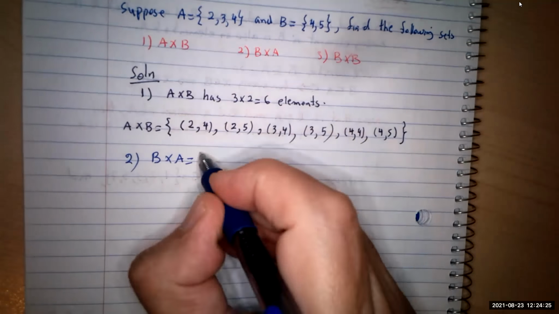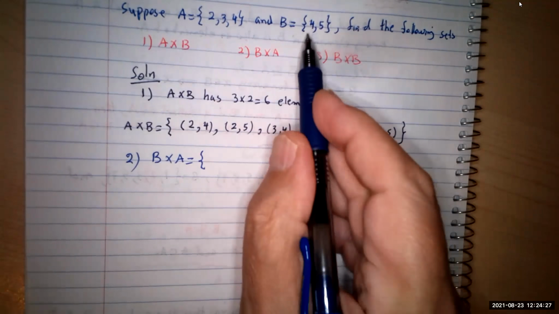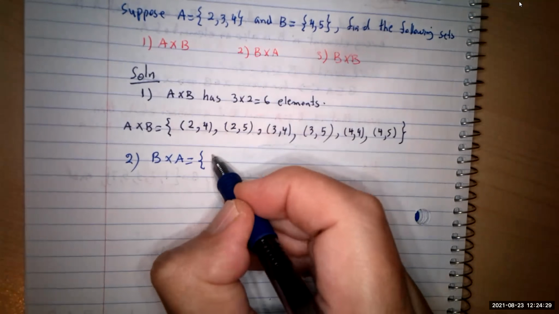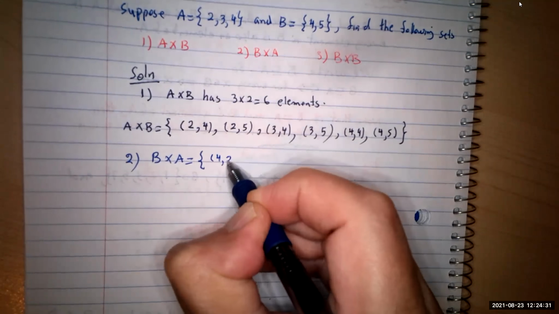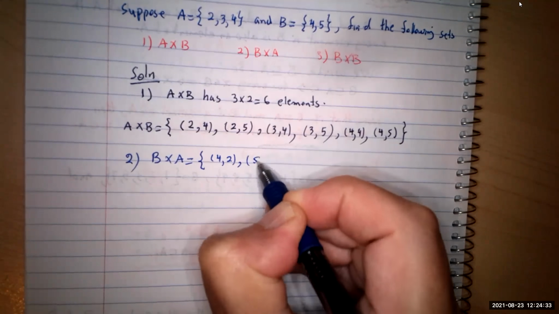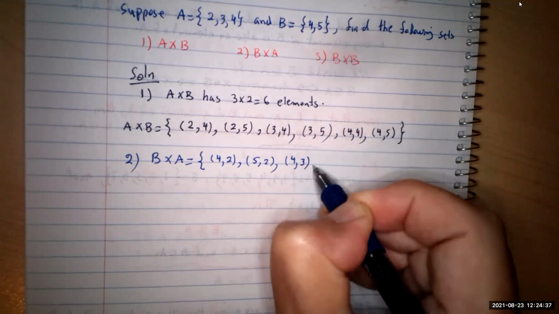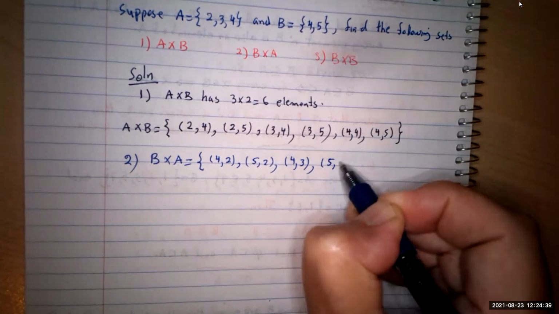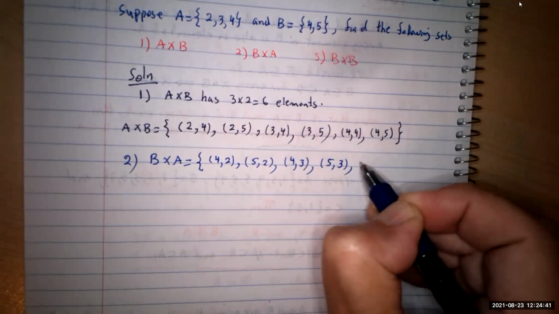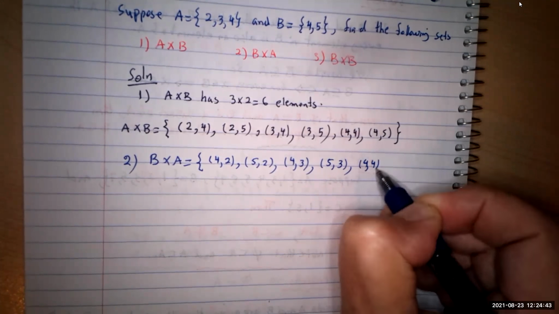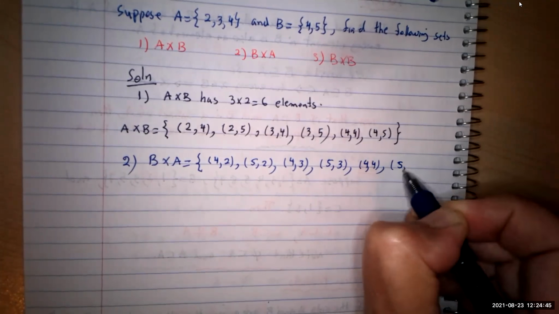I just switched them. You see, this one you have already here. So it's going to be (4, 2), (5, 2), (4, 3), (5, 3), (4, 4), and (5, 4).